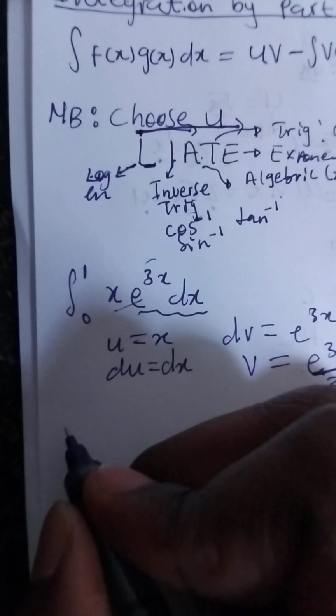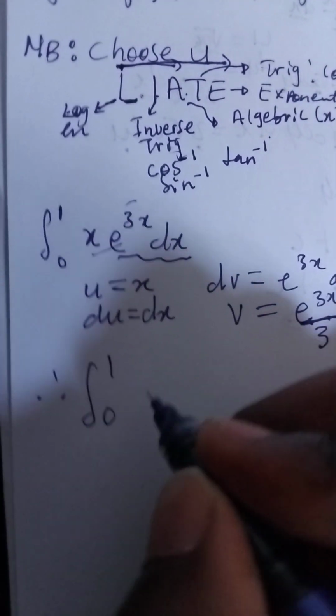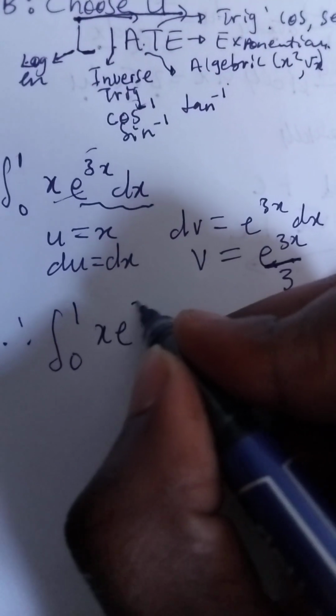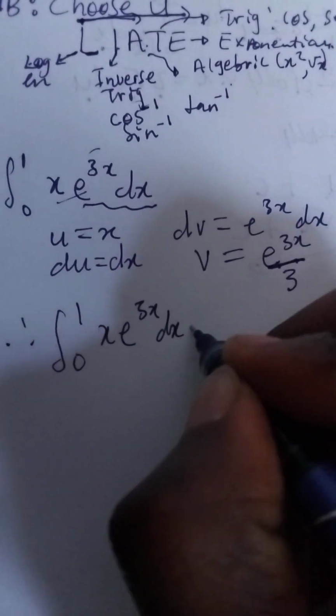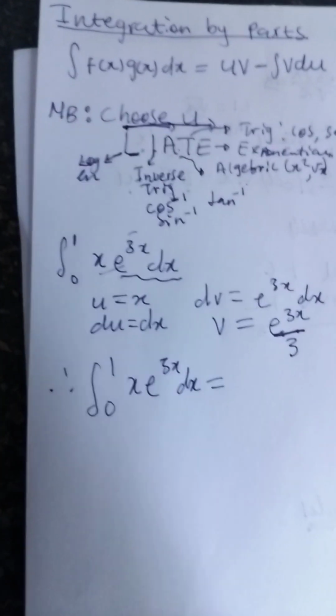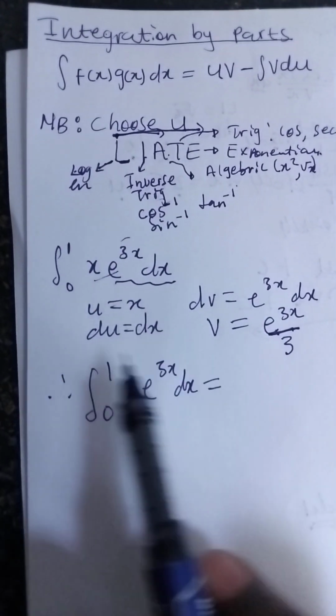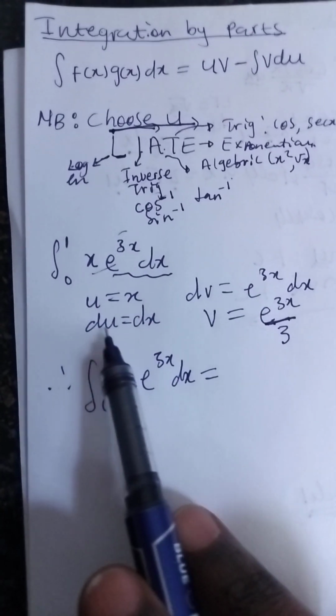Okay, so now what do we get? Therefore, the integral from 0 to 1 of x e to the 3x dx is basically equal to, we are following this formula, uv minus integral of v du. Okay, so that is why I needed all this. I needed u, v, and du.